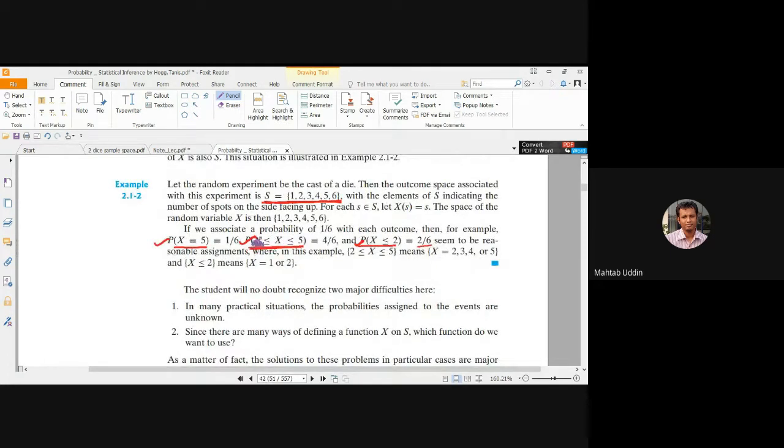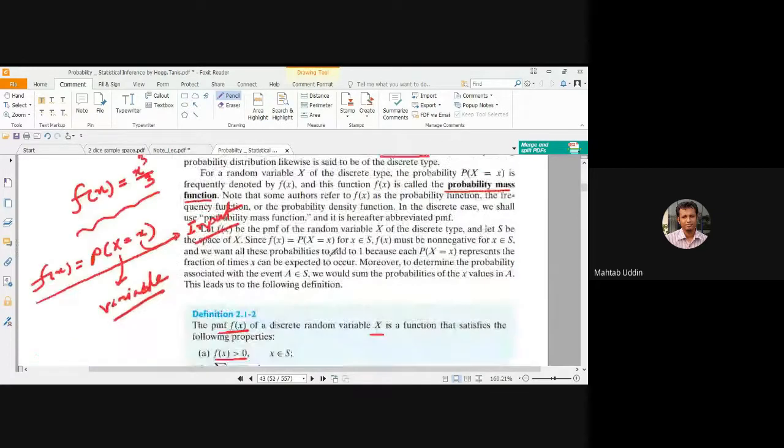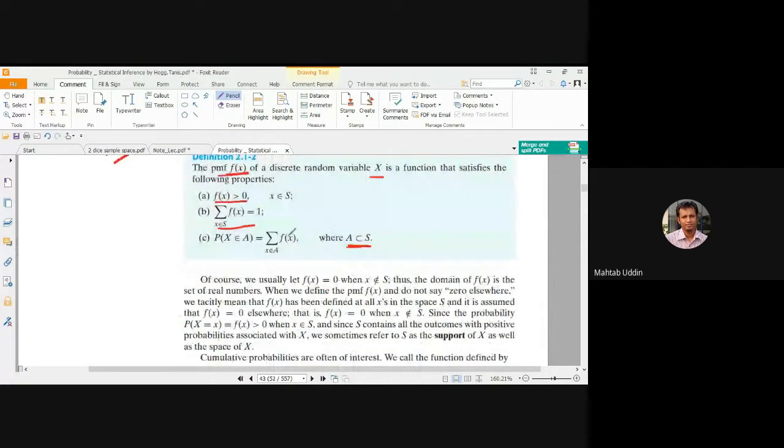So how many outcomes? Four outcomes, right? And we have taken the sum of those 4 outcomes. So it is saying here, if you have some outcomes within a given set, the probability of this set must be the sum of the probabilities of the elements.